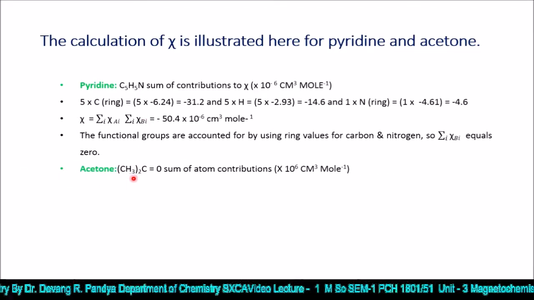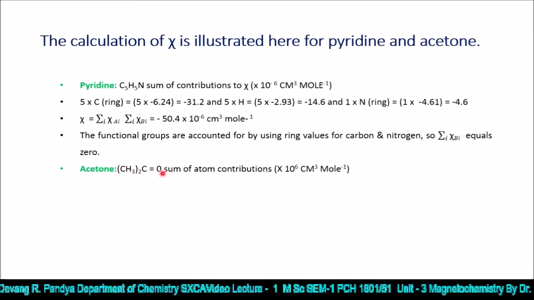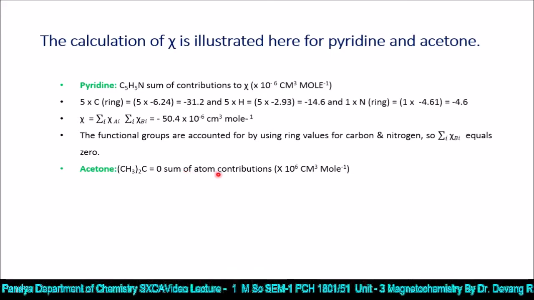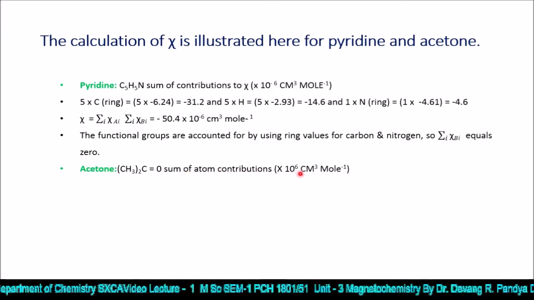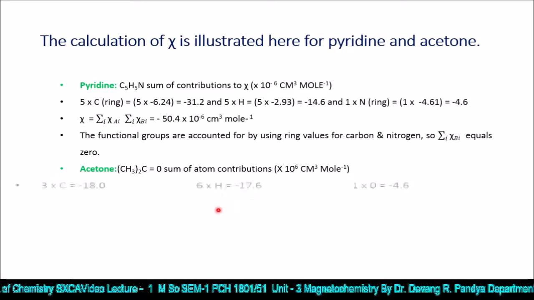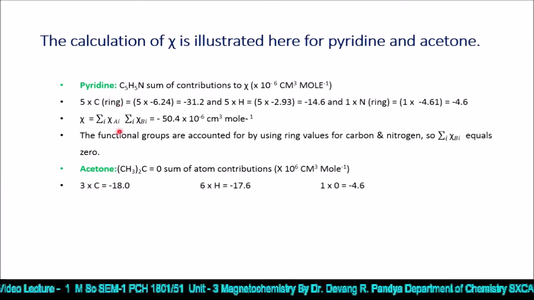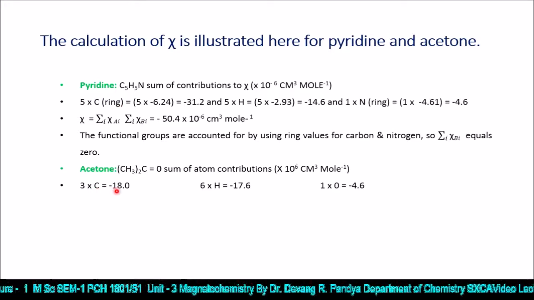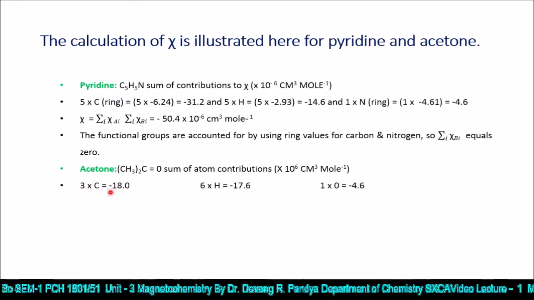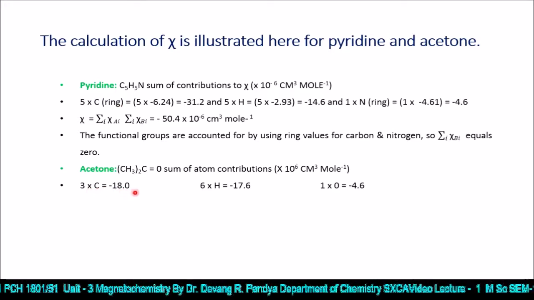Now acetone, that is CH3 twice C double bond O, sum of the atom contributions into 10 raised to minus 6 cm³ mol⁻¹. Carbon 3, and that is not of a ring, it's of a chain, and that is why we get this value, minus 18.0.